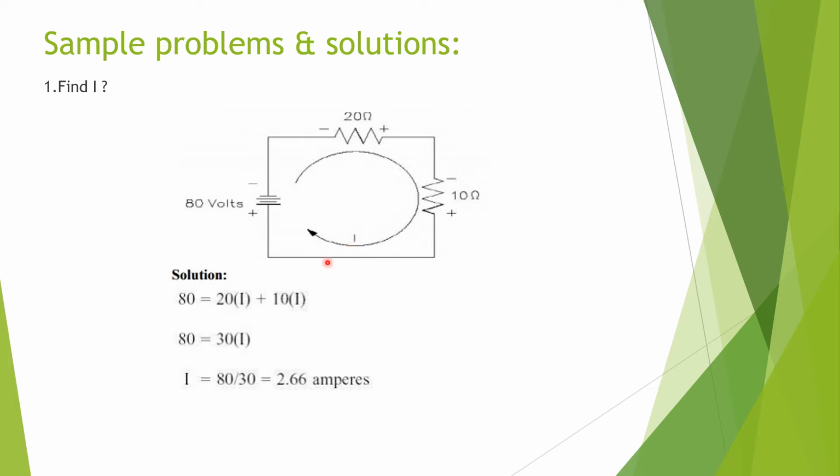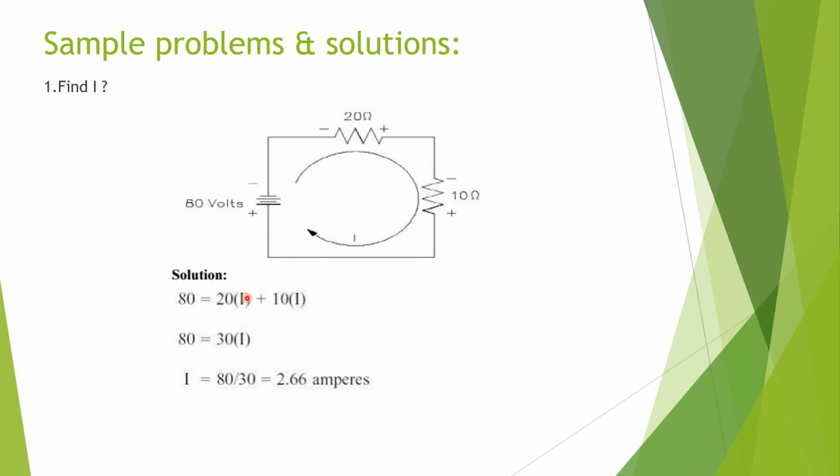According to Kirchhoff's voltage law, in any closed circuit, the net voltage drops will be 0. But in this problem, it is given that this battery provides 8 volt supply and 20 ohm and 10 ohm resistors are connected in series in this circuit. So we need to find the value of I.